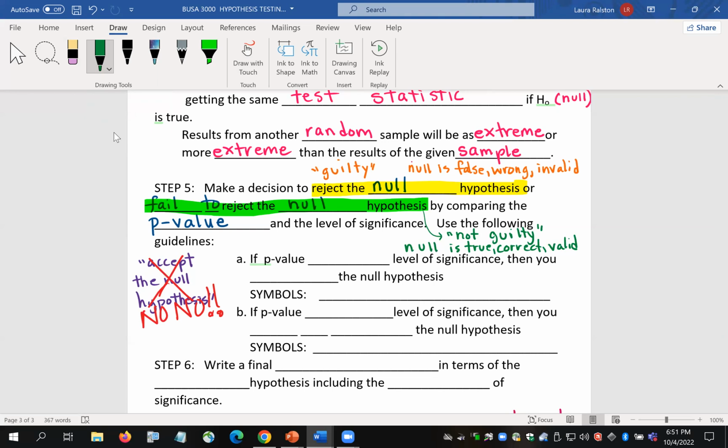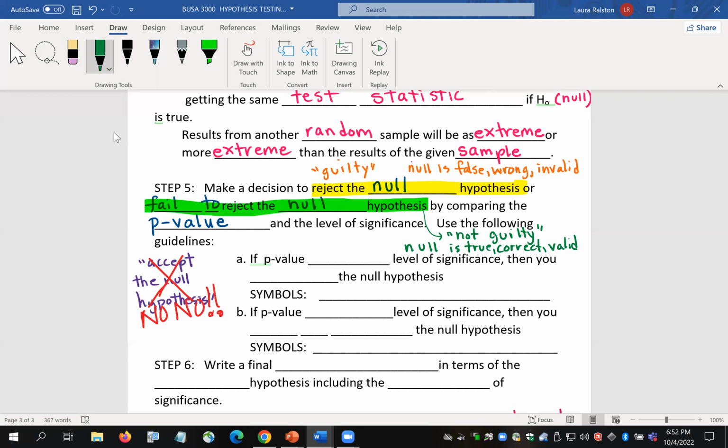We come back and say he's not guilty, meaning there's not enough evidence to convince me that he did it. He really could have done it, but there's not enough evidence. So we never come back in a jury trial and say a person is innocent. That would be like saying accept the null hypothesis, which is a big no-no. Okay, so be sure you use the correct phrasing. You reject the null or you fail to reject the null.